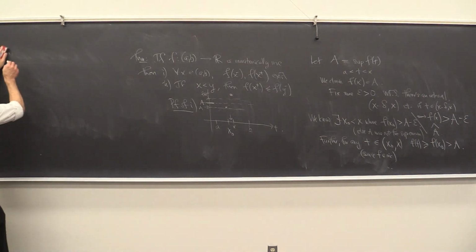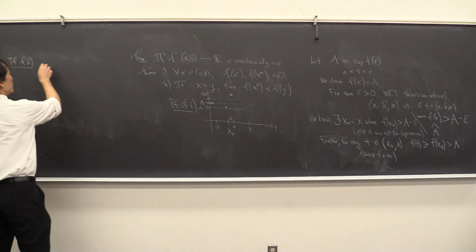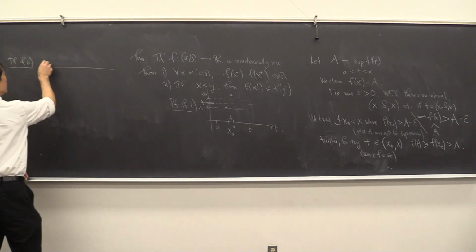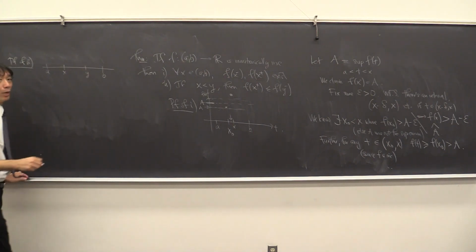The proof of part 2 is equally straightforward. So here's A and here's B, and you have some x and you have some y.